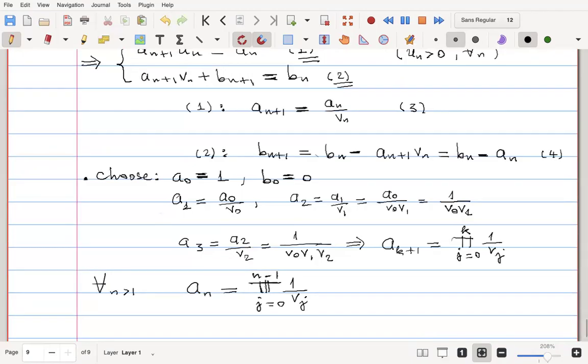So that is it for a_n, with a_0 equal to 1.